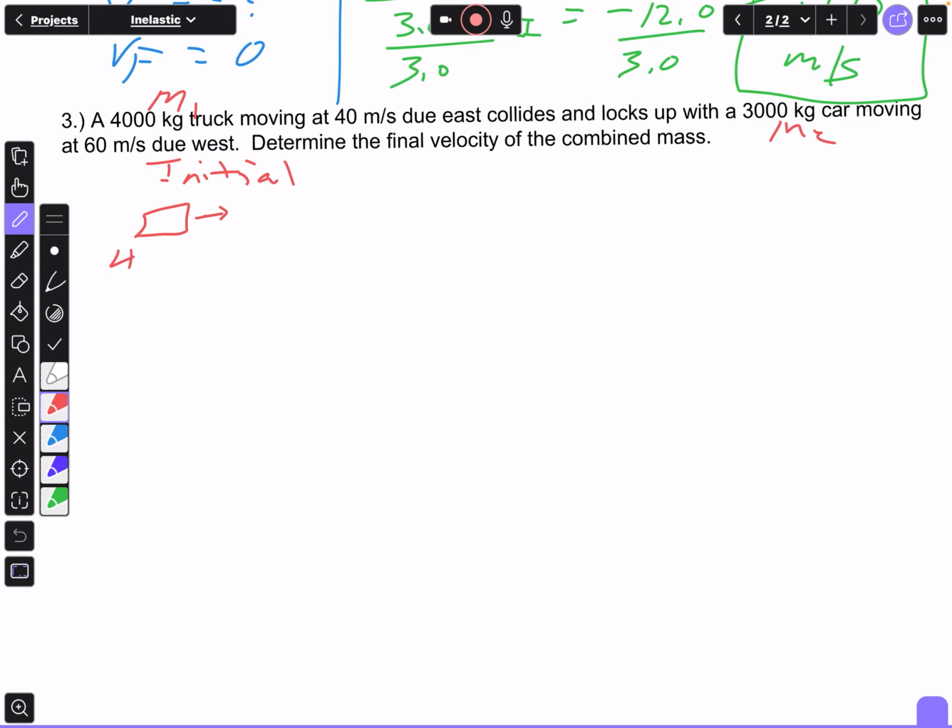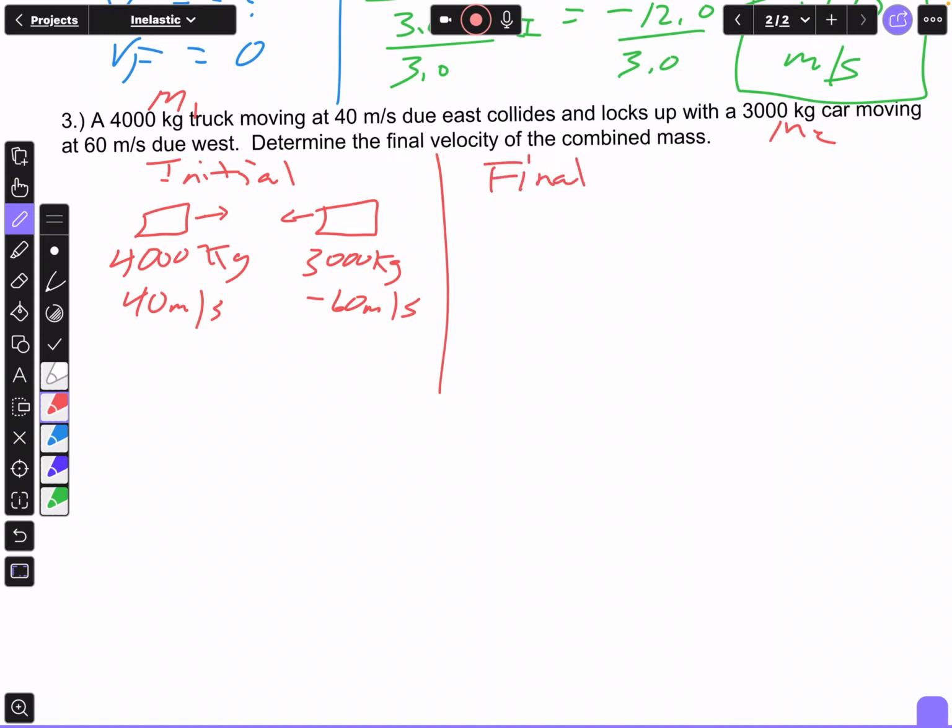It has a mass of 4,000 kilograms moving due east, so that's positive 40 meters per second. And then it has a car that is moving due west, so it's moving towards it at 60 meters per second, and it's a 3,000 kilogram car, and its velocity is going to be negative 60 meters per second.